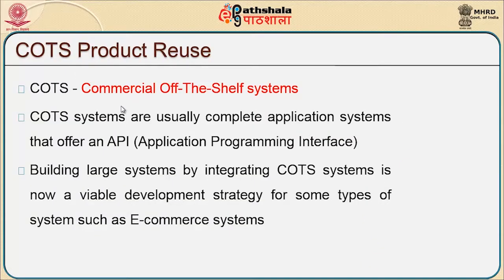And when we look at commercial off-the-shelf product reuse, these are usually complete application systems that offer an application programming interface. Building large systems by integrating COTS systems is now a viable deployment strategy for some types of systems such as e-commerce based systems.